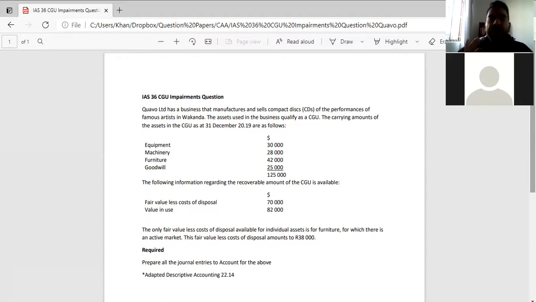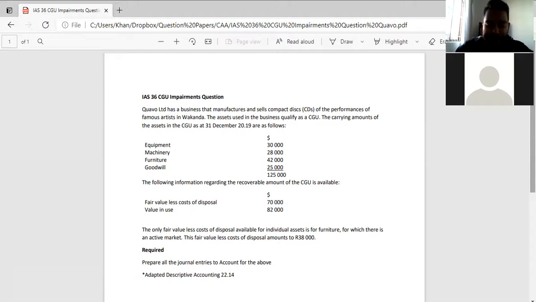However, some assets can't generate cash flows on their own. As a result, you can't impair that asset. You'll have to include that asset in a CGU. What is a CGU? A CGU is the smallest group of assets that can generate cash flows independently.